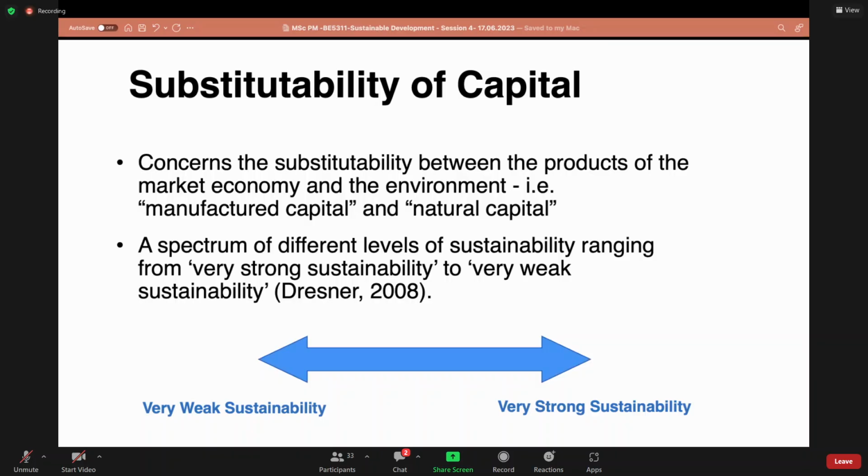So based on whether you say yes or no to that question, you can see where in the spectrum of sustainability you fall. So you can have very weak sustainability to very strong sustainability.